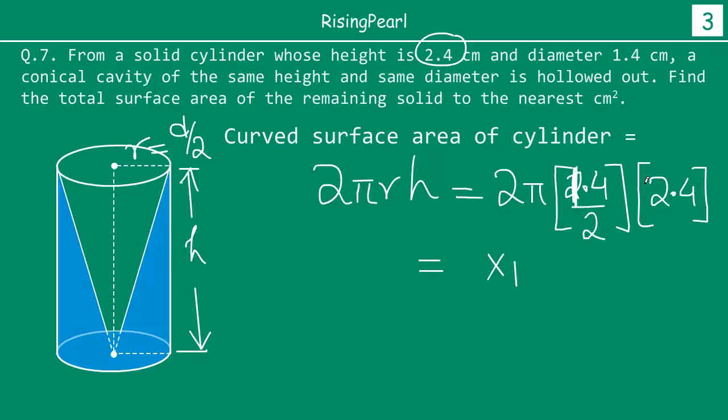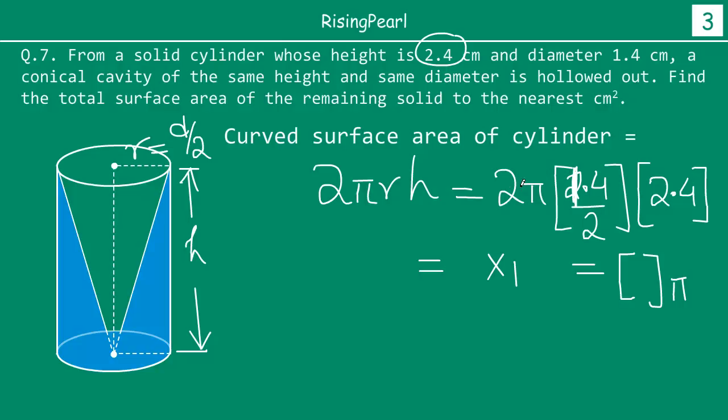You can calculate the value, and I will urge you to not compute the value fully. Keep this in terms of something times pi. Don't try to put 22 by 7 and solve it, because at the very end you want to have all of the numbers, if you can, in terms of pi, and then do the final computation at the end.